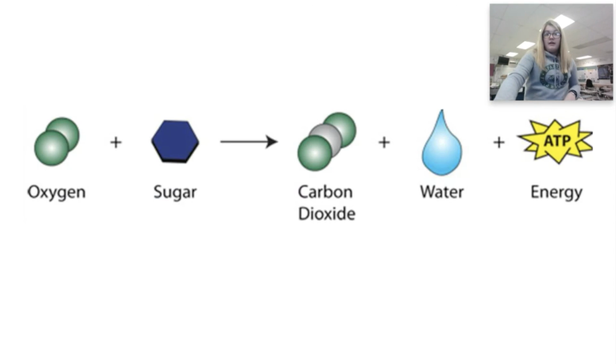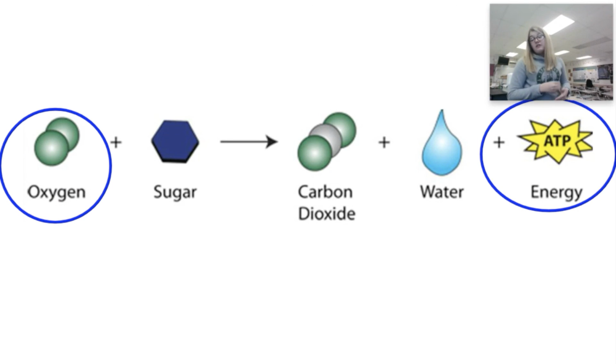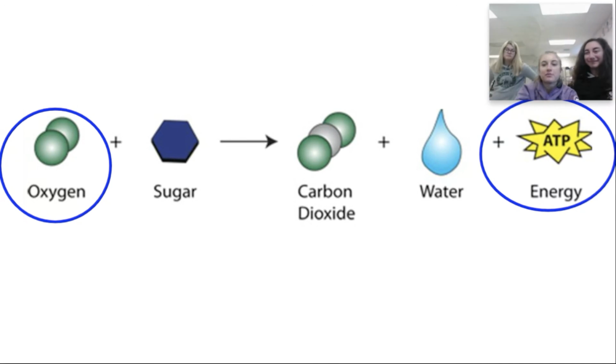And then in terms of our fun fact, it's the only part of cellular respiration that uses the atmospheric oxygen, as well as 34 ATP for each glucose molecule is produced.